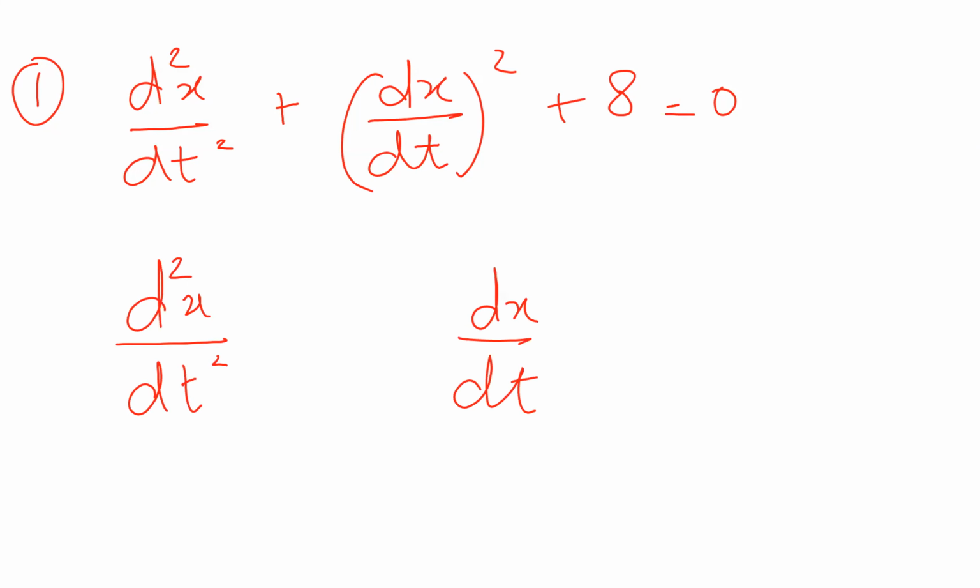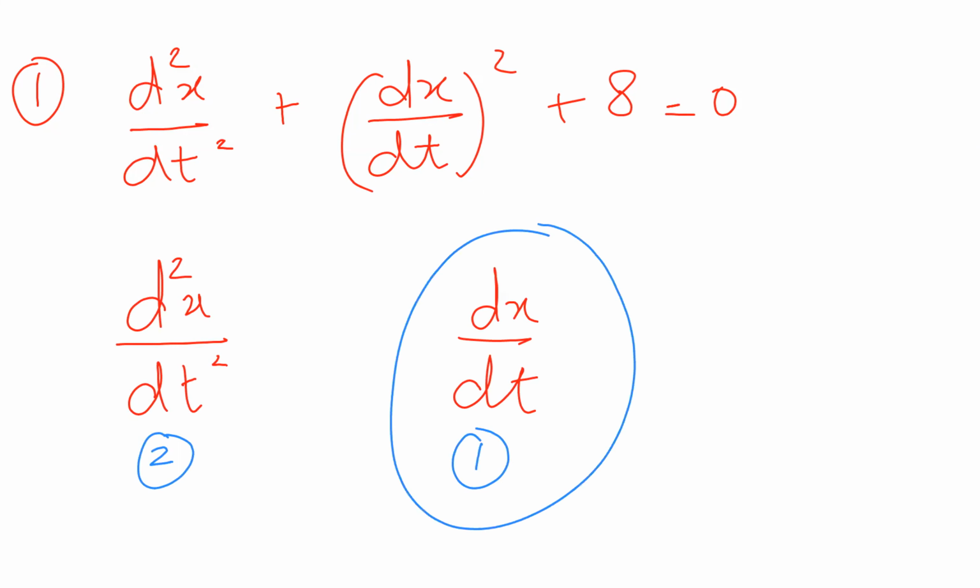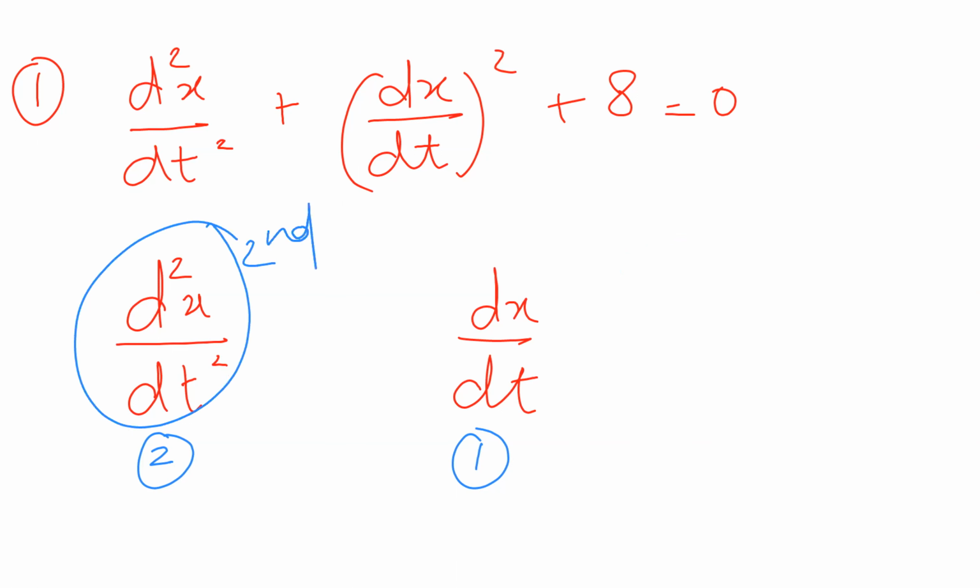The order of the first differential is 2 and the order of the second differential is 1. So this part is the first order derivative, and this part is the second order derivative.